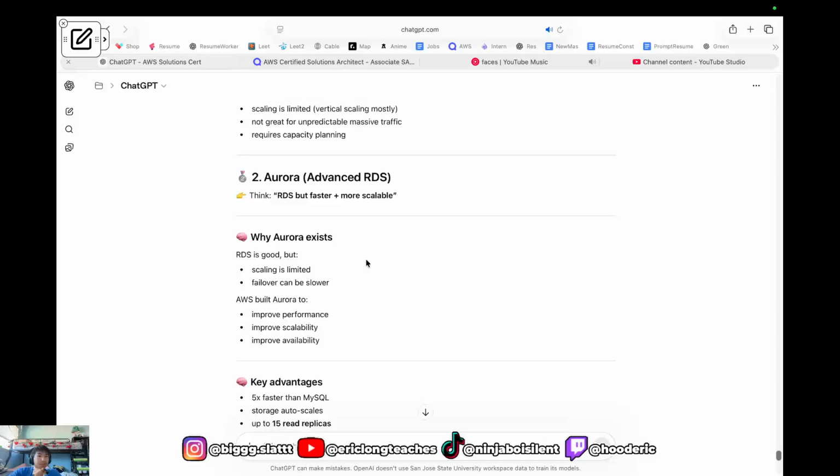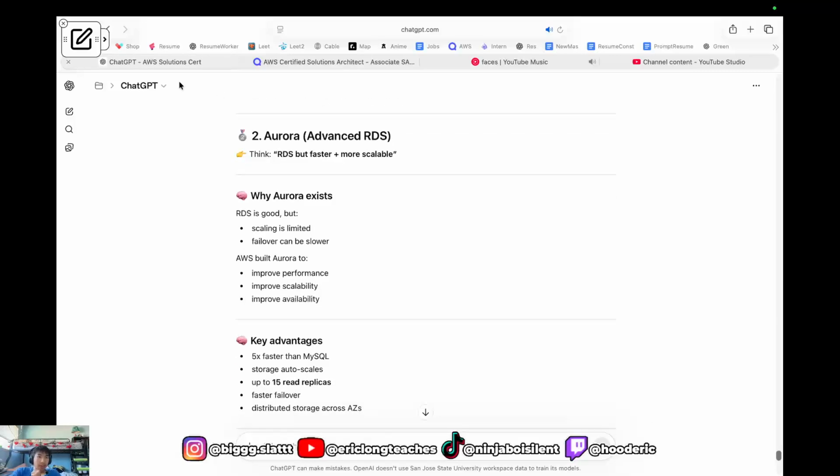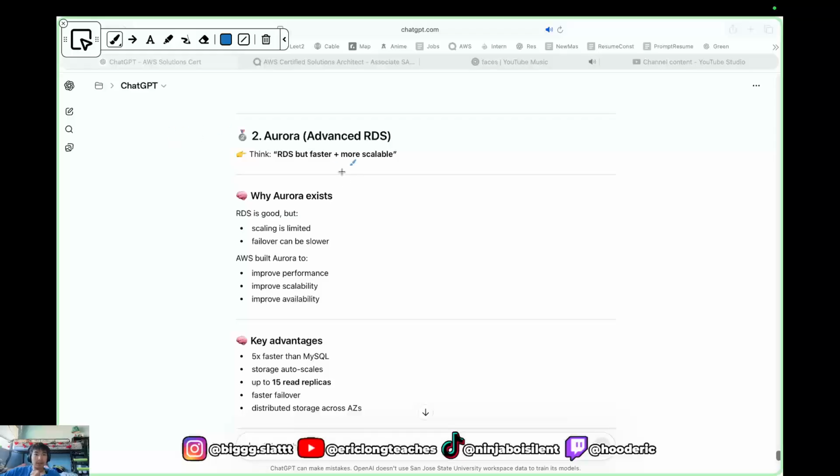And we could see Aurora is actually a premium version of RDS, which stands for Relational Database Service. So Aurora is equal to premium RDS. RDS is good, but scaling is limited and failover can be slower.